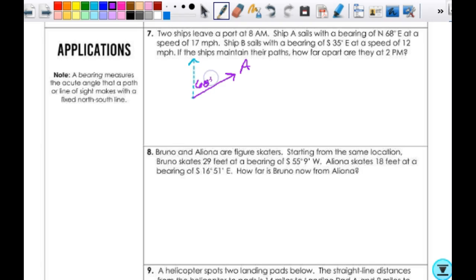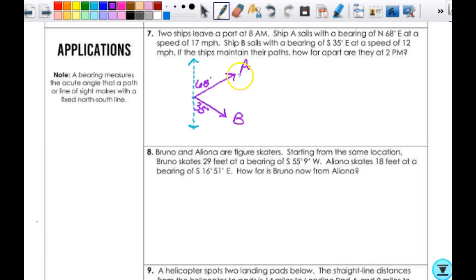So you got to get your angles put in the right spots or the measurements aren't going to end up right. Then ship B has a bearing of south 35 degrees east. So start from directly south and then go 35 degrees east, which would end up somewhere right about there. That's B, and this is 35 degrees right here. Okay? Everybody okay with that so far?